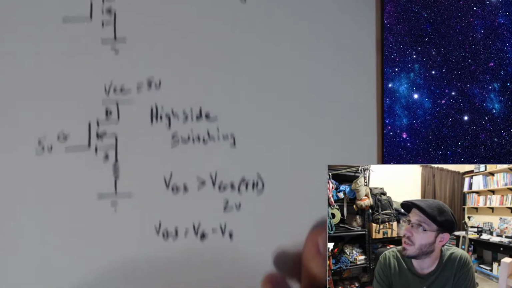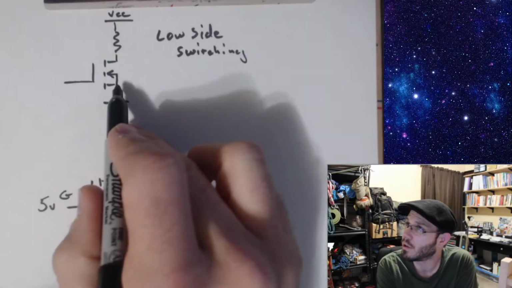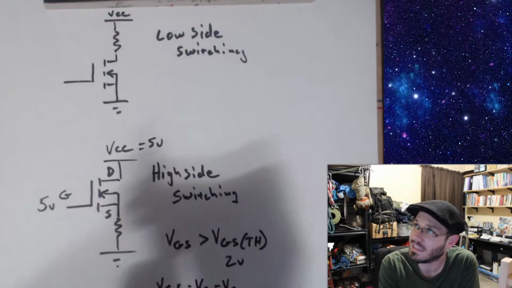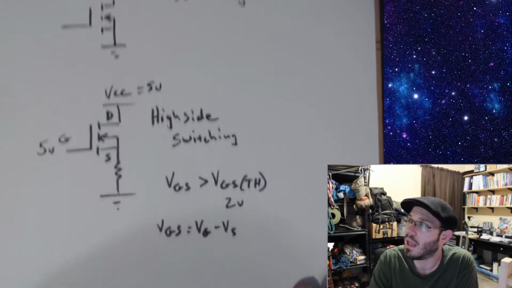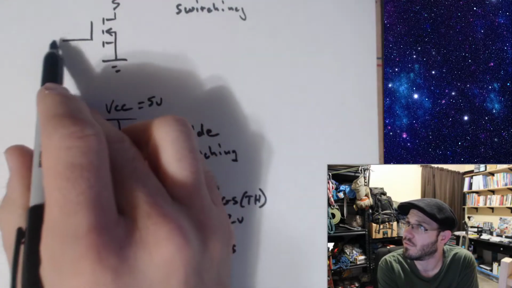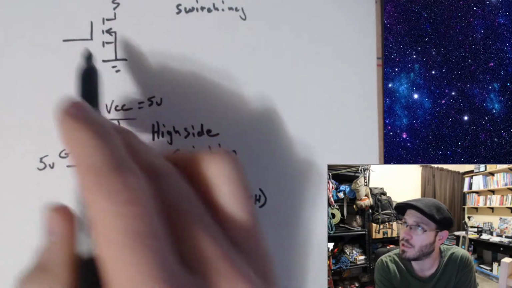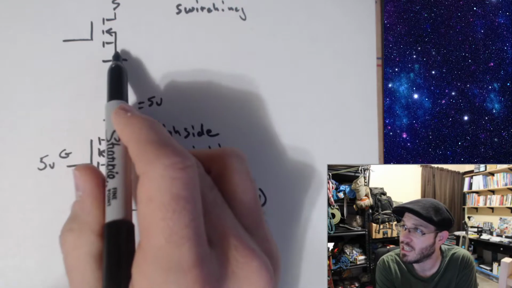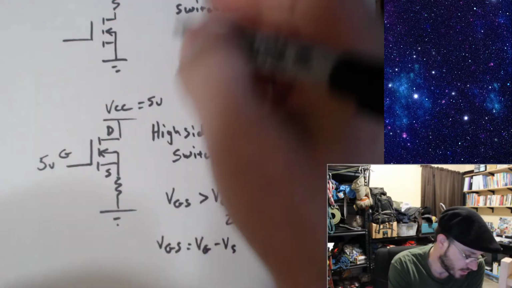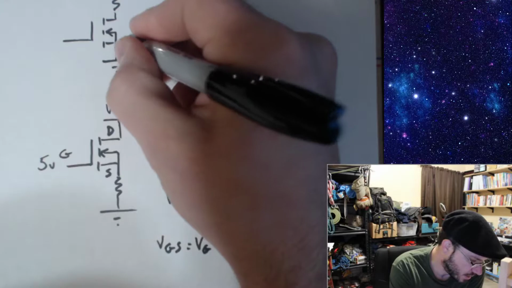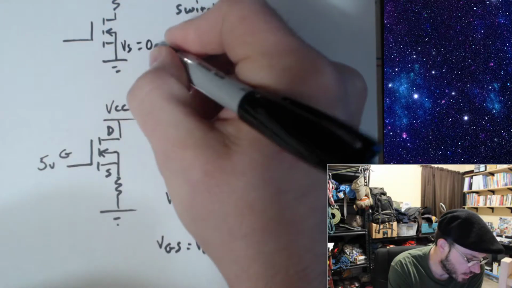Now, when you're using it properly with an N-channel MOSFET, it needs to be low side switching. This voltage on the gate is really all that you care about, because VS over here is equal to 0 volts.